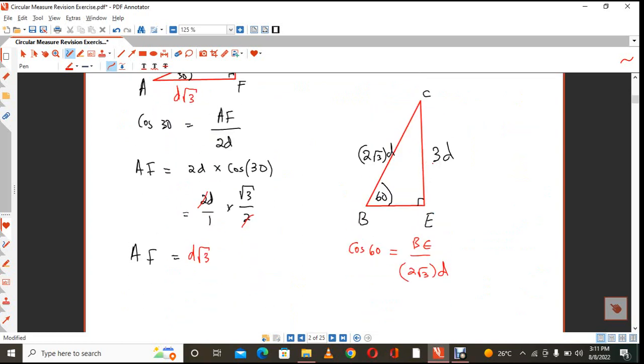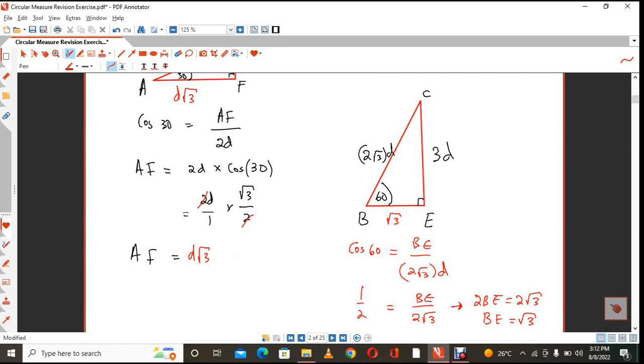So 1/2 equals BE over 2 root 3. If we cross multiply, that's 2BE equals 2 root 3. Therefore BE will be nothing but root 3, because the 2's cancel.